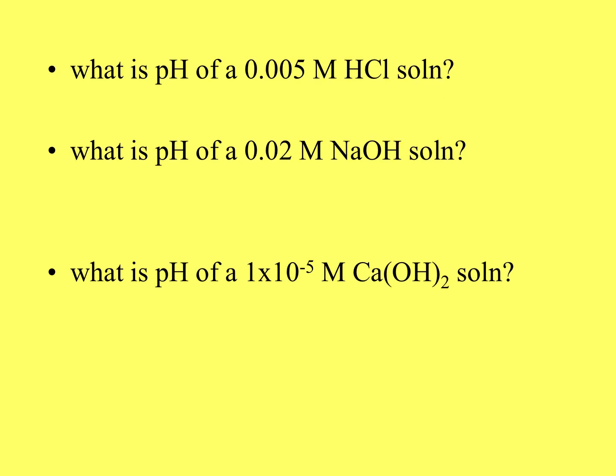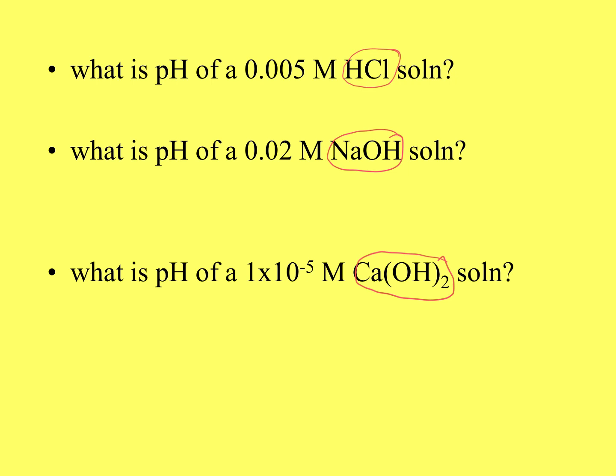Now I want you to know that these are strong acids and strong bases. HCl is a strong acid. And you learned from the summertime that NaOH is a strong base, and calcium hydroxide is also a strong base. So you have to determine the pH of a 0.005 molar solution of HCl.